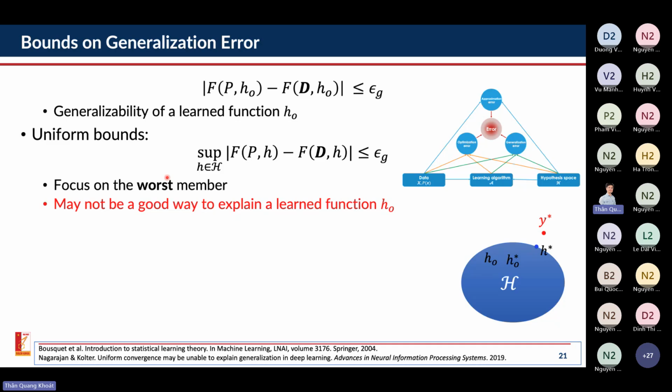But sometimes it can be useful, in the case you want to analyze the whole family, right? Each architecture. We use a linear model, or we use a neural network with 2 layers, for example. Once we choose that architecture, we want to analyze what is the worst member in that family. So this type of theory can be useful.